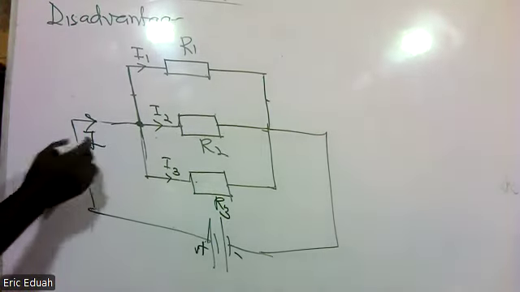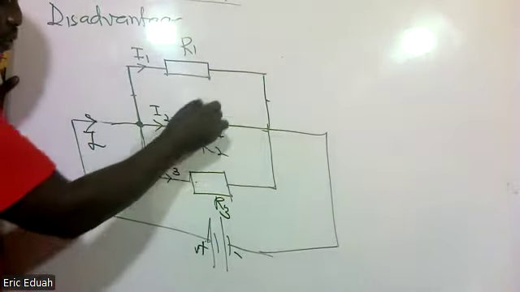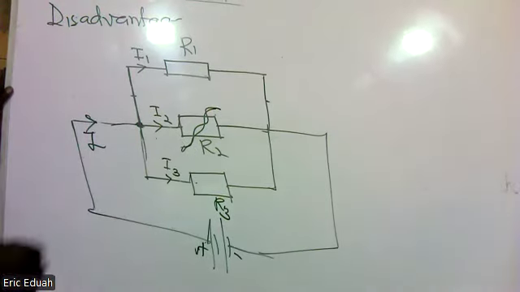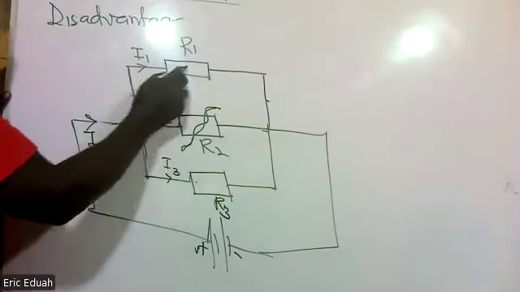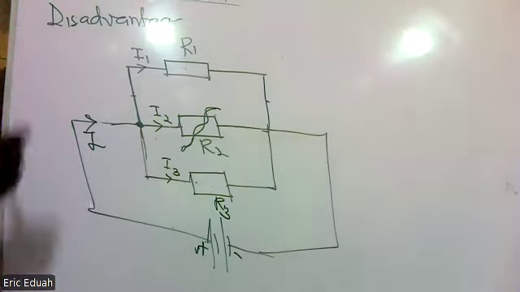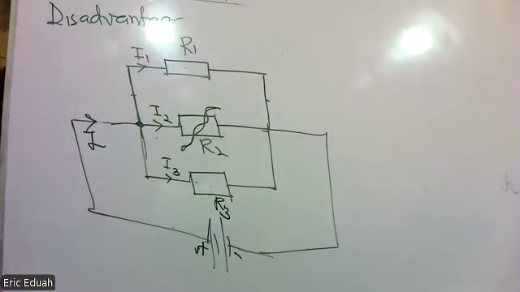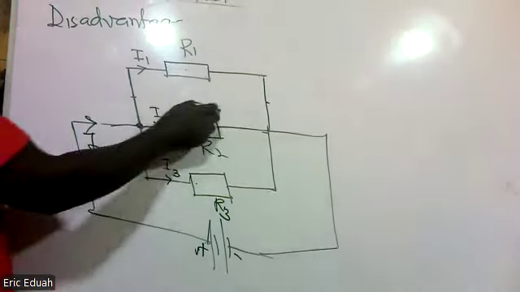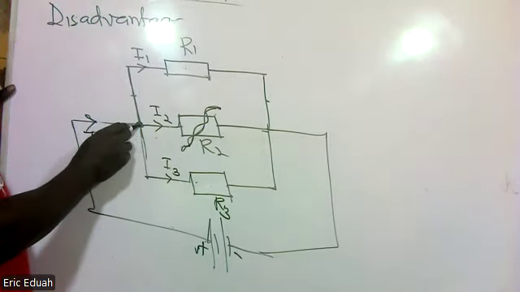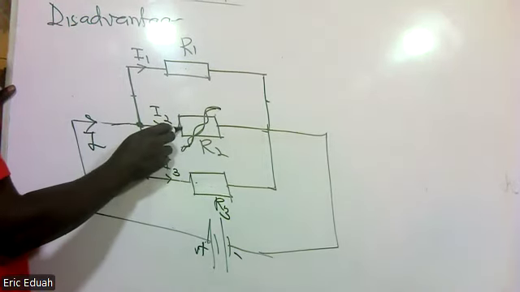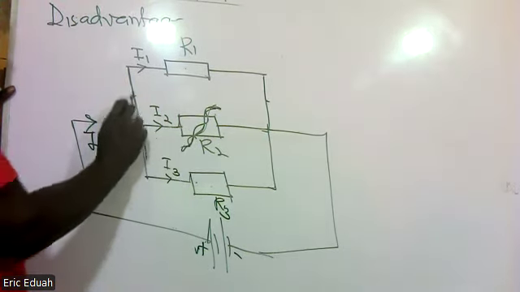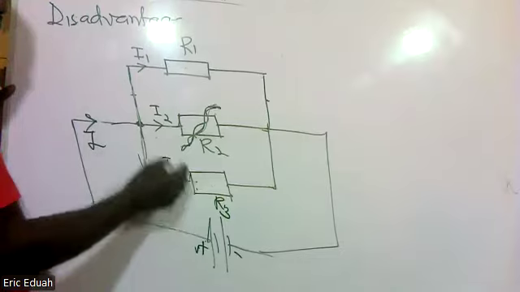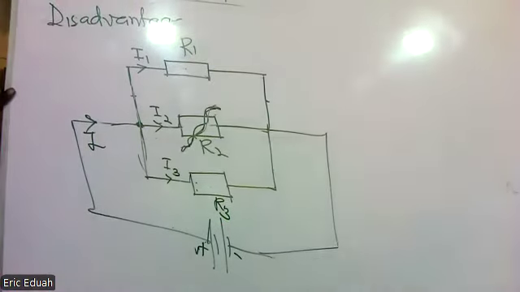Look at something. When there is a fault with this one, it will not affect R1. Neither will it affect R2. So whenever there is a fault here, the current will not come into I2 because there's a fault, but it will flow through I1 and then R3, eliminating where there is a fault.